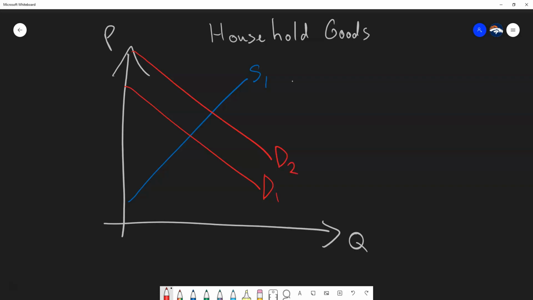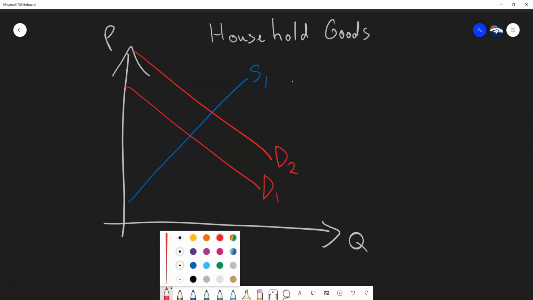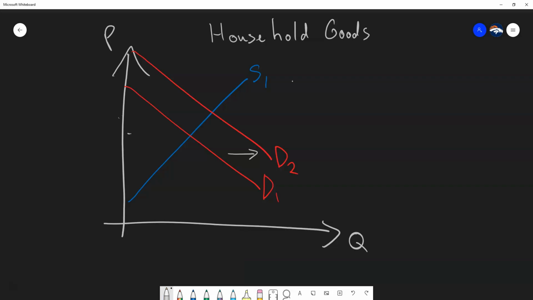So you saw demand increase for toilet paper, which led to an increase of price. Put this here, P1 star, P2 star, right? Everybody's going and getting more toilet paper. That should increase the price for that. Q2 star. The problem is they couldn't make the toilet paper very quickly, plus everything was shut down.